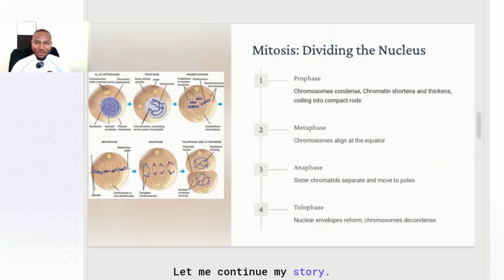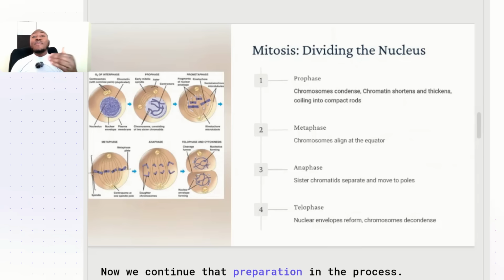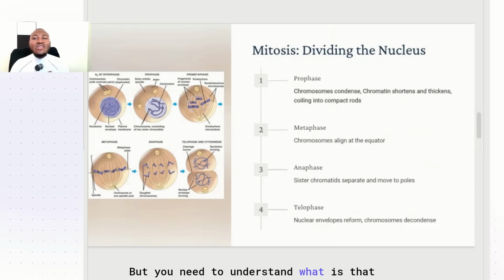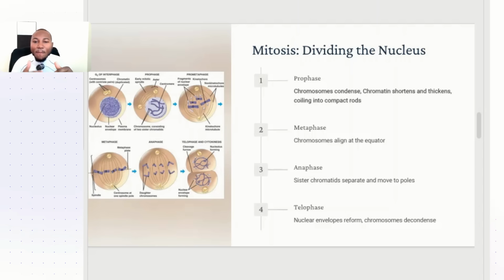Let me continue my story. So we are preparing. The last stage of the interphase is the G2. That's the preparation. Now we continue that preparation in the prophase. P for preparation. But you need to understand, what is that preparation? Chromosomes condense, chromatin shortens and thickens, coiling into compact rods.